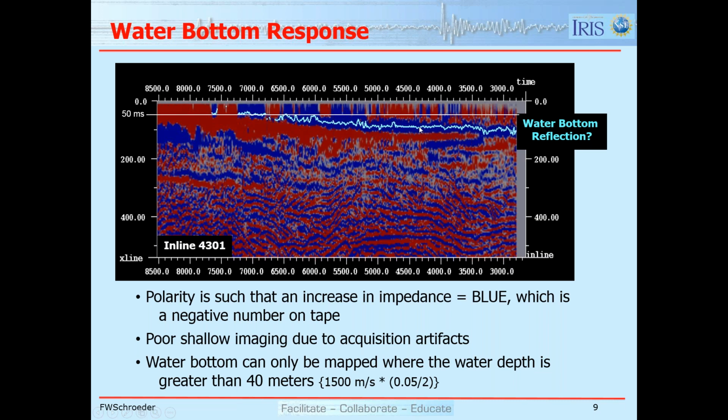And so this is telling me for this data set, it looks like blue is an increase in impedance, because one thing that we know is that the water bottom reflection is always an increase in impedance as we go from seawater into even soggy sediments. And so that tells me a little bit about the polarity here.